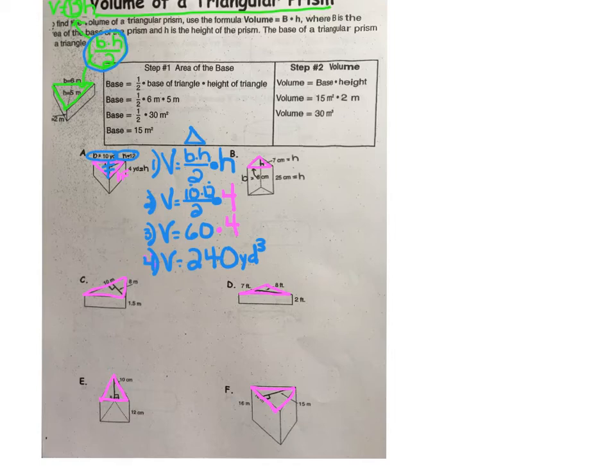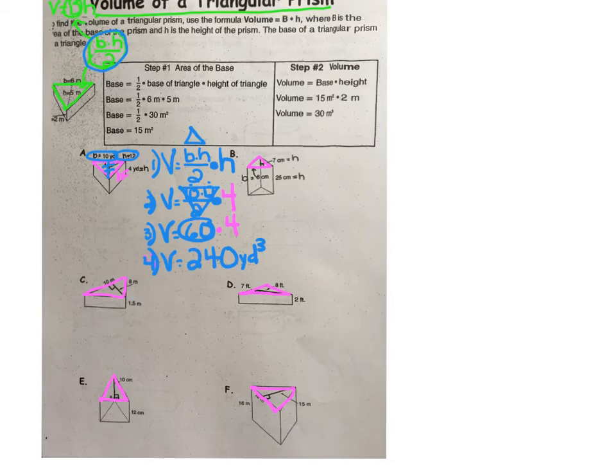In this particular case, we have 4 steps in order to complete the problem rather than 3. This step right here is where we calculate the area of the triangular base face. Then we take that area and multiply by 4.